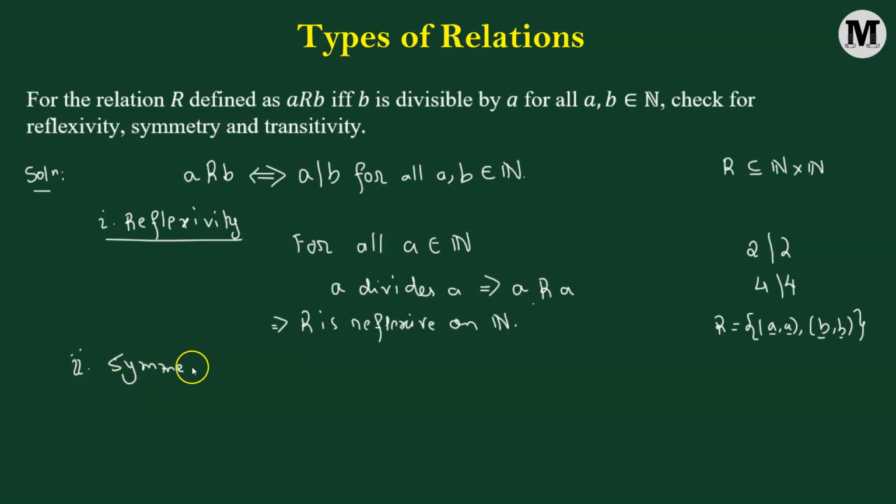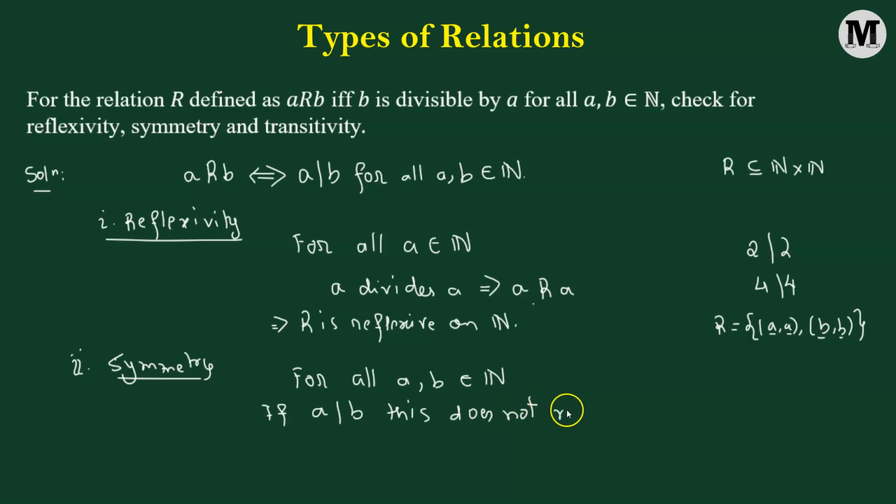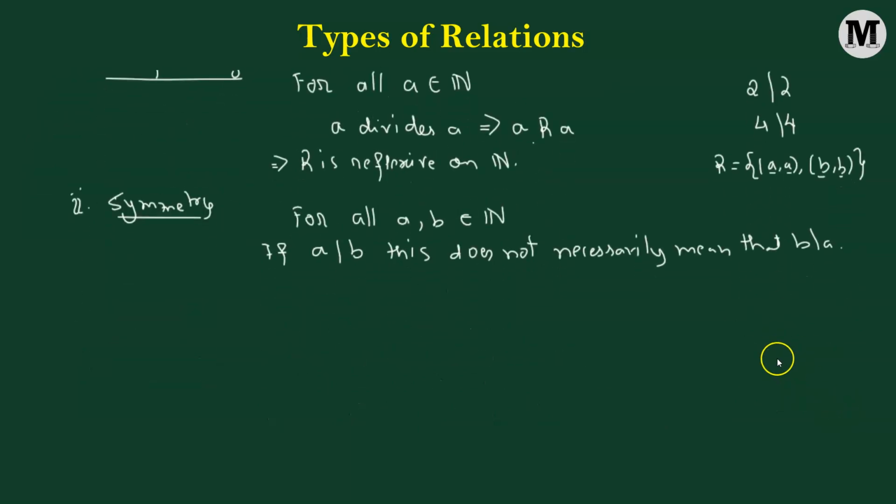To check for symmetry, we're going to consider two elements. For all A and B belonging to the set of natural numbers, if A divides B, this does not necessarily mean that B also divides A. We can think in terms of some numbers. 2 divides 4, but this does not mean that 4 also divides 2.